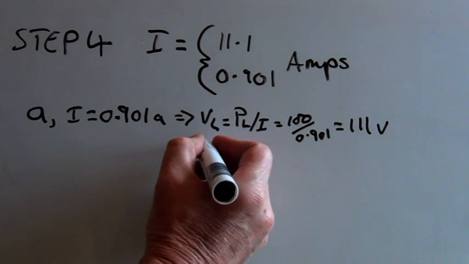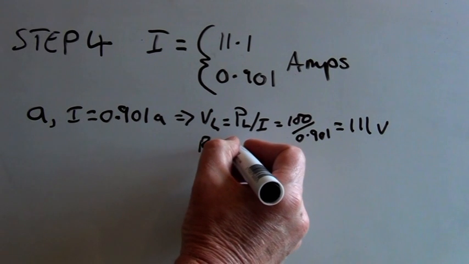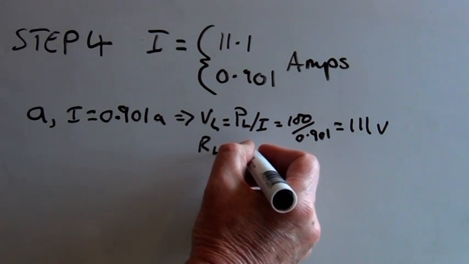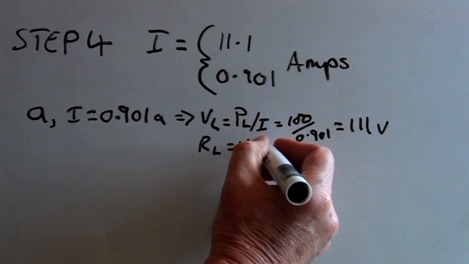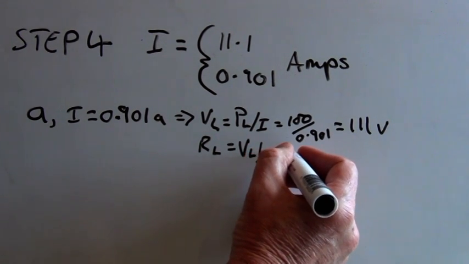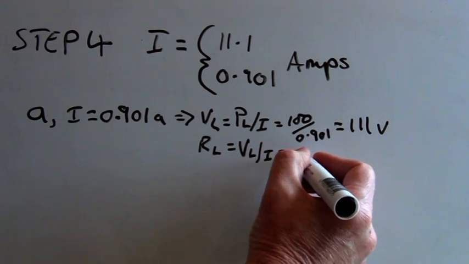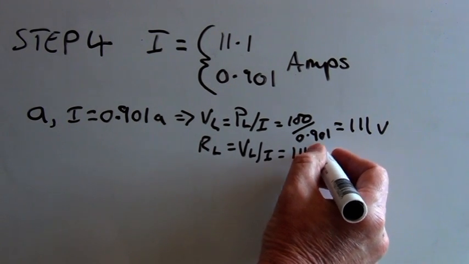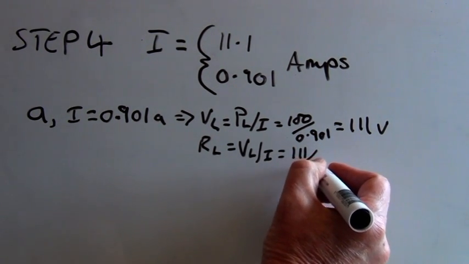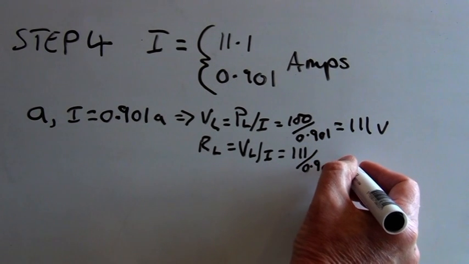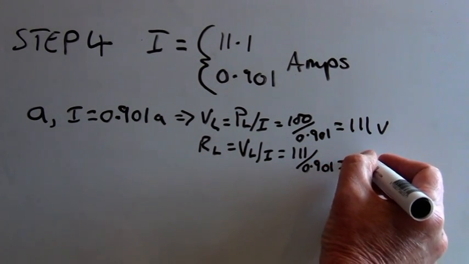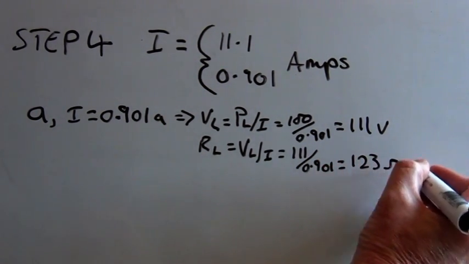So therefore we have the resistance of the lamp, which equals V_L divided by I, which equals 111 divided by 0.901, which equals 123 ohms.